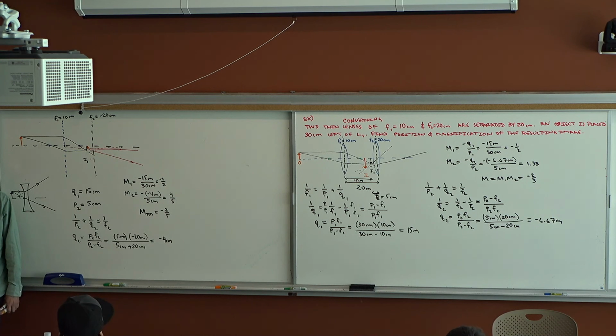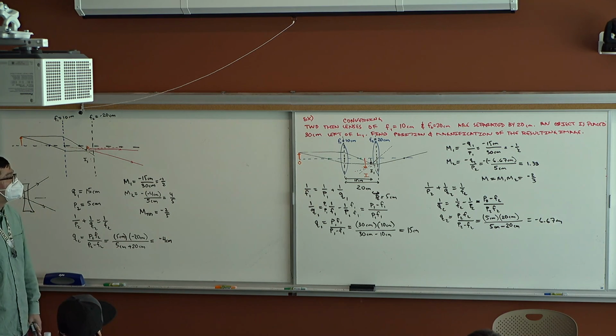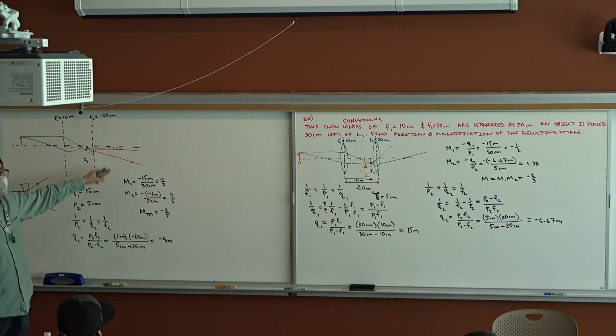If so, I will give you cases that aren't quite this poorly planned. Like that one, that's doable. This one, because these two are practically on top of each other, that's a mess.